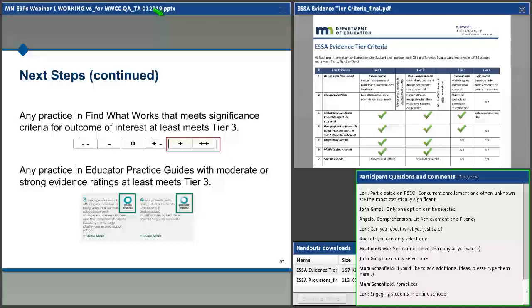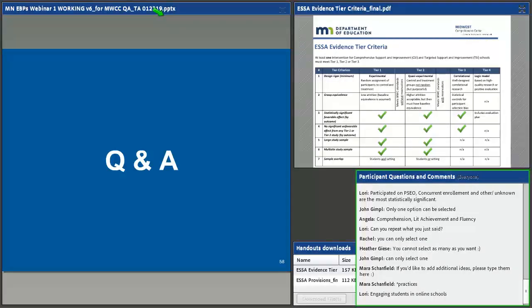So it all boils down for Tier 3 to some pretty straightforward shortcuts, but we will get into this in more depth in Module 2. We're going to show you how to tell the difference between Tier 1 and Tier 2. We're going to talk about why you would care, why research rigor is important. But for now, that's what you need to know for Tier 3.